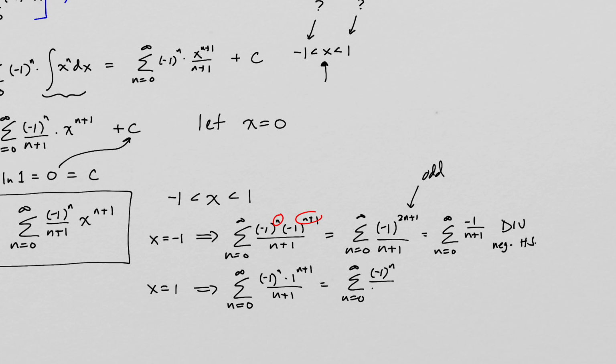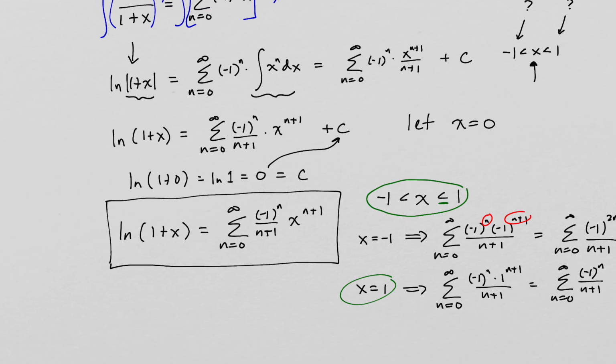So we have negative 1 to the n over n plus 1. And this converges. It converges because this is the alternating harmonic series, and it converges by the alternating series test. So since it converges at x equals 1, we need to include that in our interval of convergence.